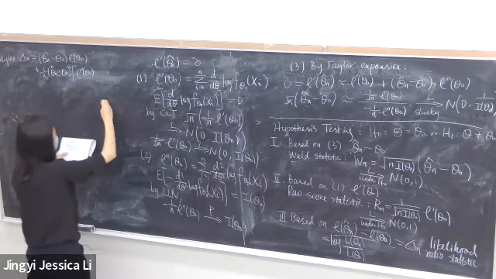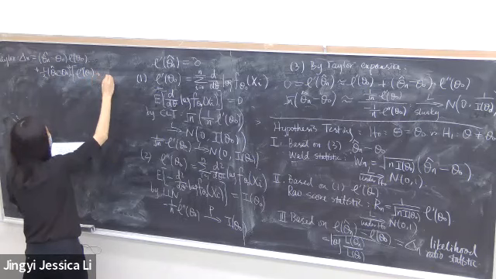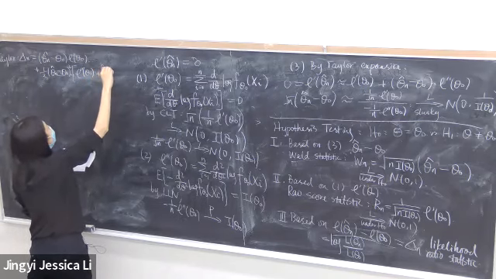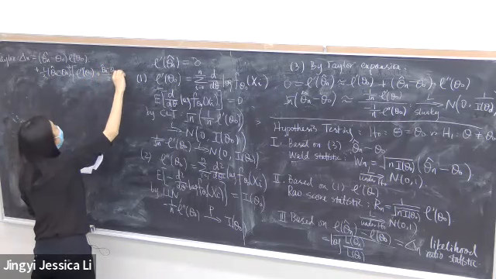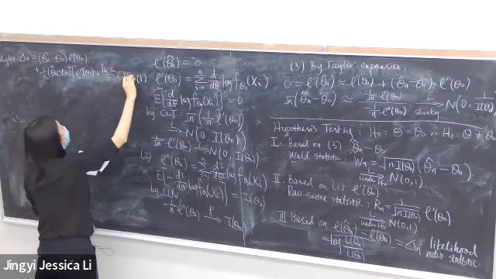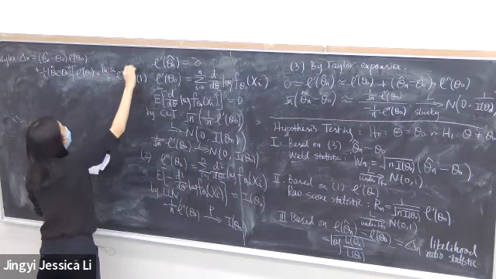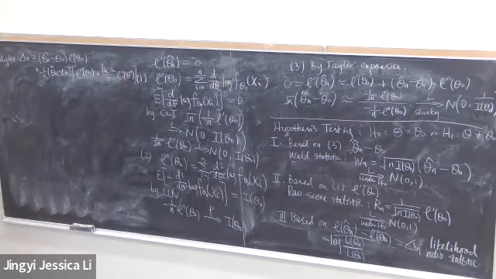And for the third one, I'll just write it as, okay, this theta star is between theta hat n and theta 0. So it's just like the third order version of the mean value theorem.